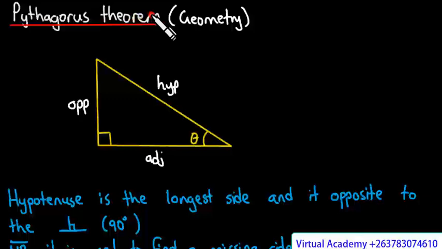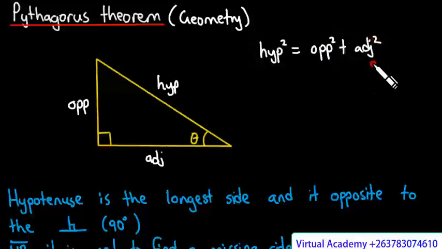So what does the Pythagoras theorem state? The Pythagoras theorem simply gives us the relationship between the three sides of a right angle triangle. It states that if you take the hypotenuse and square it, it is equal to the sum of the opposite squared plus the adjacent squared. This is what we refer to as the Pythagoras theorem.